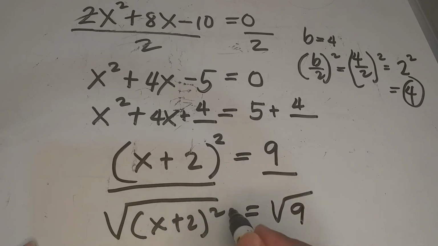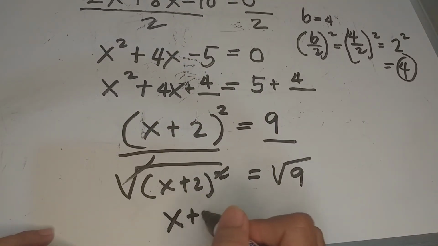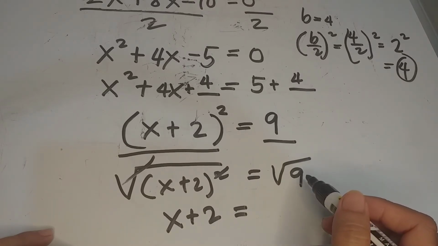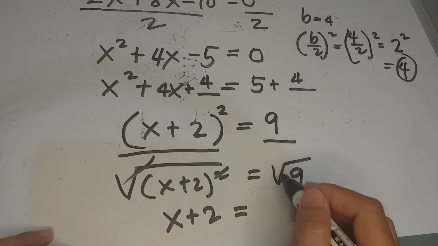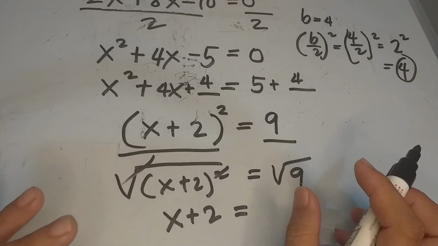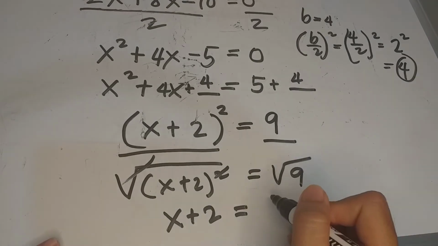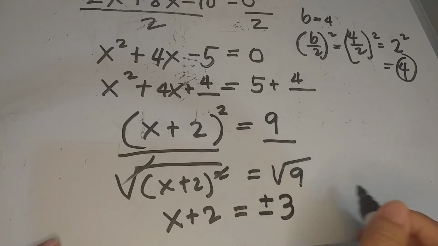Kapag may exponent na 2 tsaka radical symbol, cancel nyo lang. Ang matitira is x plus 2 is equal to, dalawa yung sagot natin sa square root of 9: positive or negative 3. Ang square root ng 9, di ba 3, because 3 times 3 is 9. Pero hindi lang yon, yung negative din. So, we have positive or negative 3.